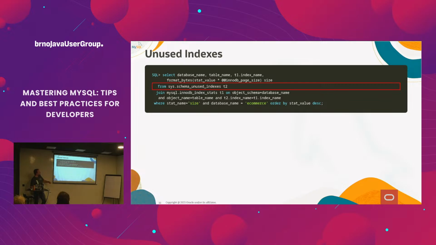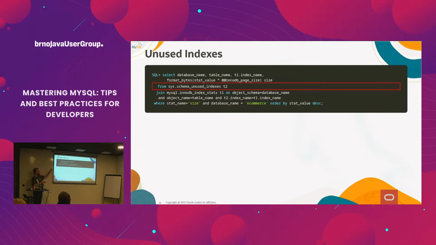So in the sys schema, we have a table called schema_unused_indexes. If we query this table, one thing very important about all these tables and about the schema is that they are in memory only. So it means all the entries that you have here are from when the database was started the last time.